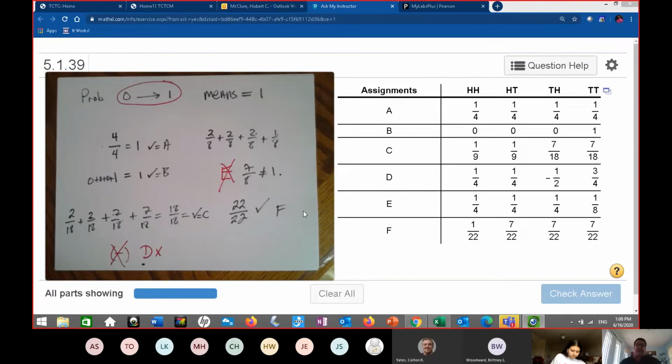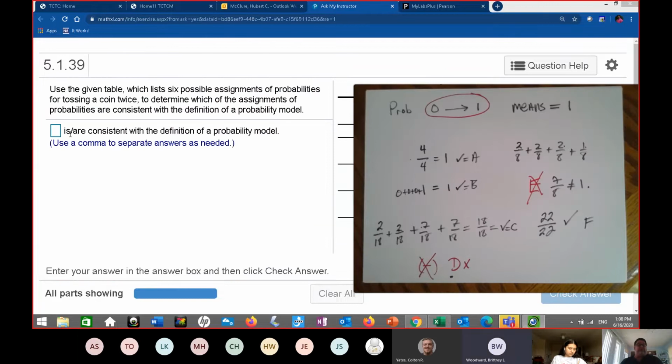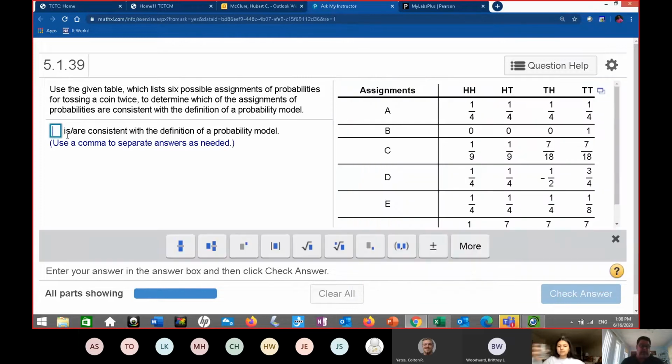So the question asks you, I don't know which one's good or which one's bad. What does it ask? Is consistent with a probability model. So that would be A, B, C, and F. A, B, C, and F. And remember, you're not supposed to read the directions, so just don't put commas in there so you can get the wrong answer. Okay? Everybody got that?